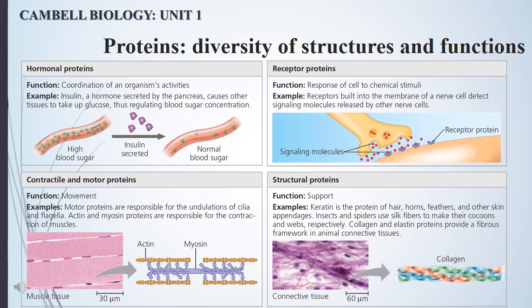The spider's silk is also such a protein. Collagen in an extracellular matrix are all parts of the support machinery of the supporting protein structures.